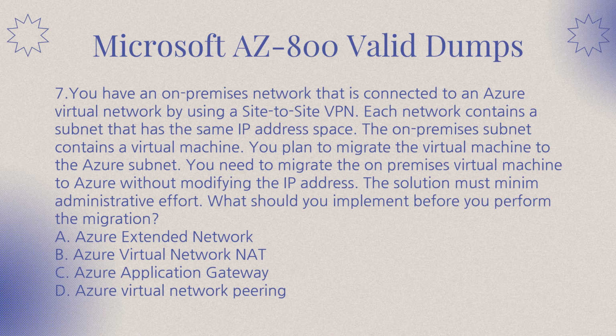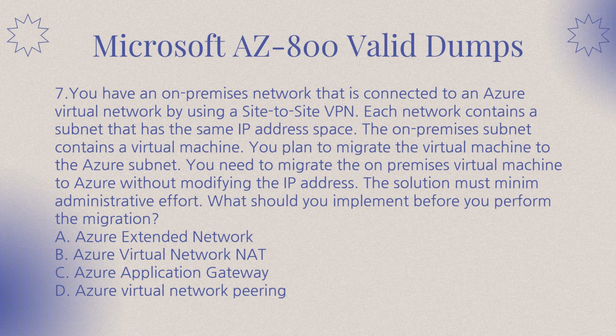7. You have an on-premises network that is connected to an Azure virtual network by using a site-to-site VPN. Each network contains a subnet that has the same IP address space. The on-premises subnet contains a virtual machine. You plan to migrate the virtual machine to the Azure subnet.